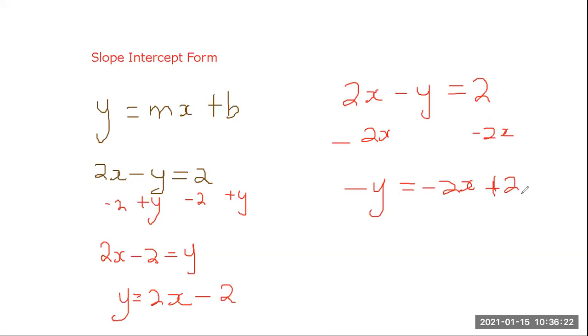So in order to make it positive, I need to multiply it by a negative 1, because that makes it a positive y. But if I do that, I have to do it to everything. So I have to multiply negative 2x by negative 1, which makes it a 2x, and then a positive 2 times negative 1, which makes it a negative 2. So then you'll end up with the same answer.